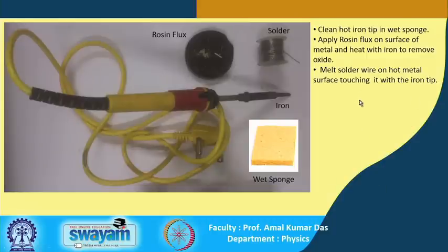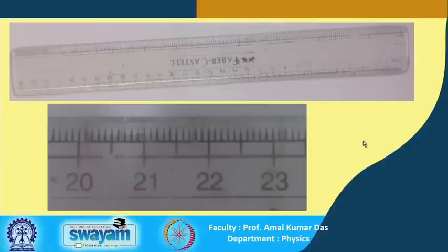Next, an important and very simple tool in the laboratory is the meter scale. We frequently use the meter scale in the laboratory. Why I am telling you this is because measuring length is an essential part of many experiments.